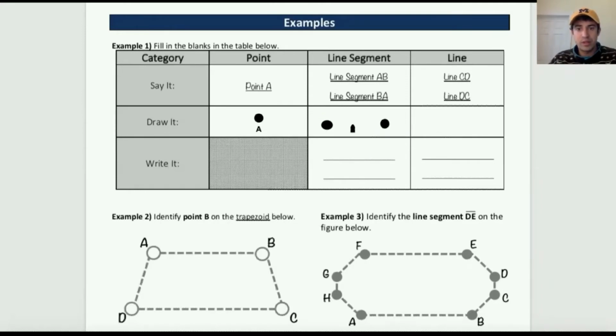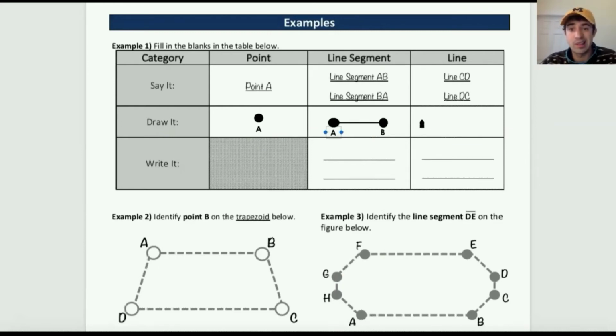And I would draw a line connecting those endpoints, and then I would label each endpoint, endpoint A, and then endpoint B. And this is how you draw the line segment AB.